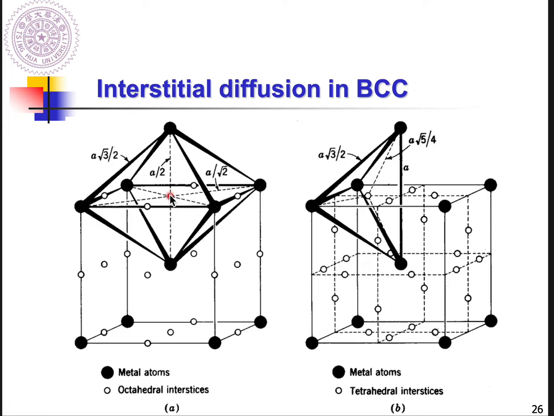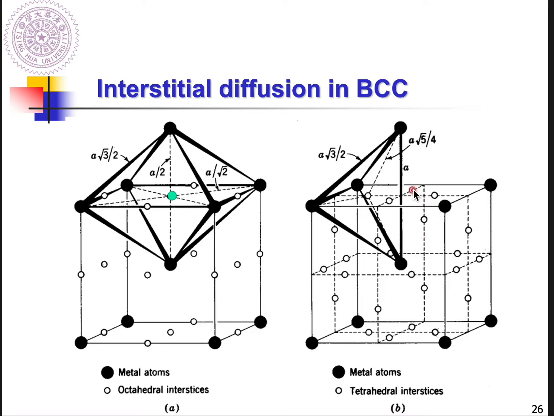This is located at the octahedral structure, so we call it an octahedral interstitial. And also at the center of the plane, and also in the middle of the edge. So this we label in white. All these belong to octahedral interstitials.